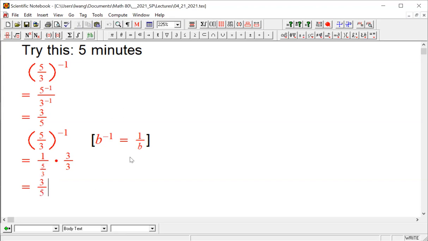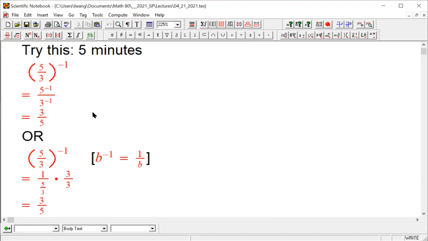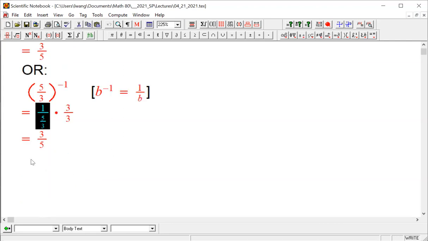So you get the same answer, in slightly different ways. And this is much easier to handle, in my opinion. If you don't mind dealing with complex fractions, go for it. Now let's look at the next one. I assume you guys have finished.